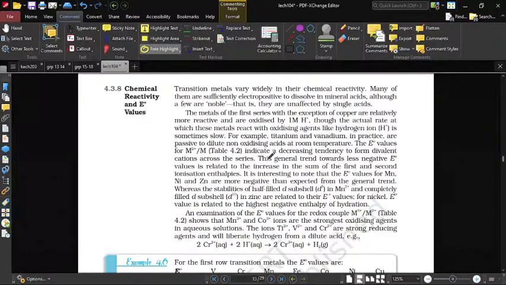This general trend towards less negative electrode potential values is related to the increase in the sum of the first and second ionization enthalpy.